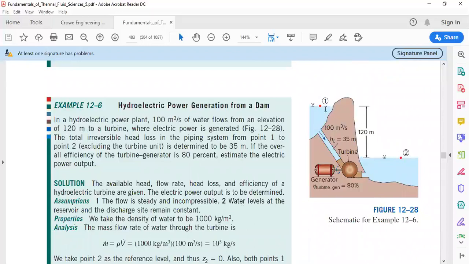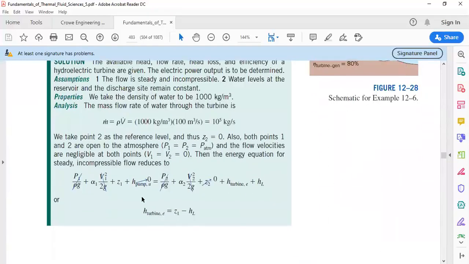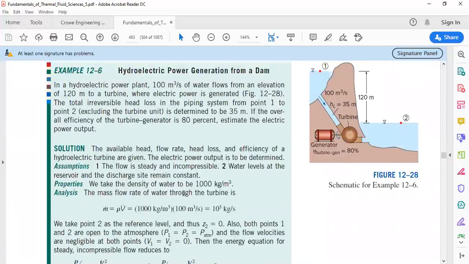So apply the energy equation between points 1 and 2. Since these points 1 and 2 represent surfaces of the water reservoir, approximately they are stationary, their velocities are 0. Besides, their pressures are atmospheric pressure. So as we can see, the pressure heads will cancel. Besides, the velocity heads also will cancel since the velocities are approximately zero.